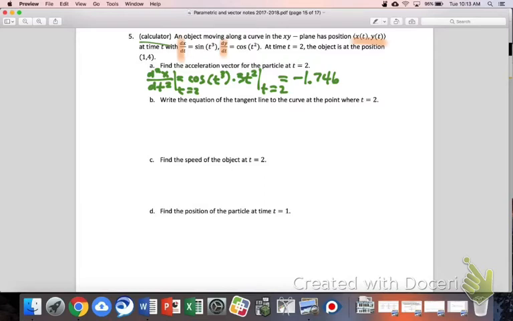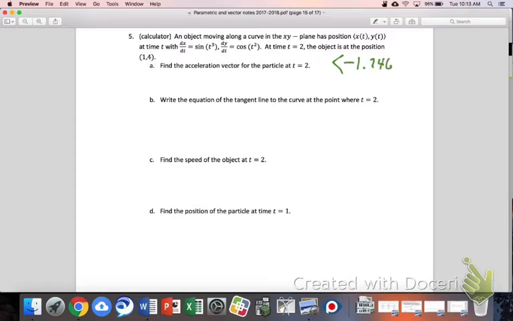Let me erase all that stuff because I'm going to run out of room. Okay, so we'll remember that negative 1.746. And then the y component, of course, would just be the derivative of dy dt. So d squared y over dt squared equals negative sine of t squared times 2t.